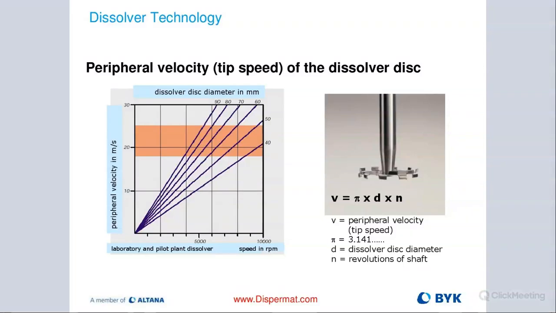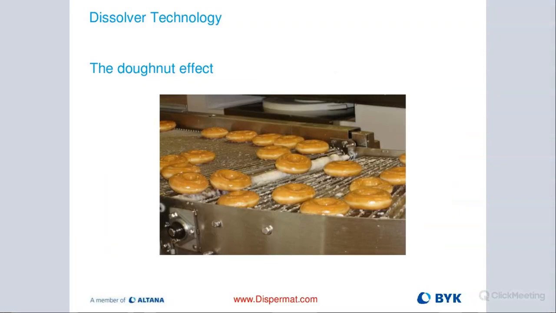Just because the larger blade diameter will make up for the difference in RPM, and you would then be able to reach the same tip speed, even though your RPMs are lower on a production scale unit, because you have a much bigger blade diameter. So that's a very important formula, and you would always need to use it when you're dispersing or even milling.